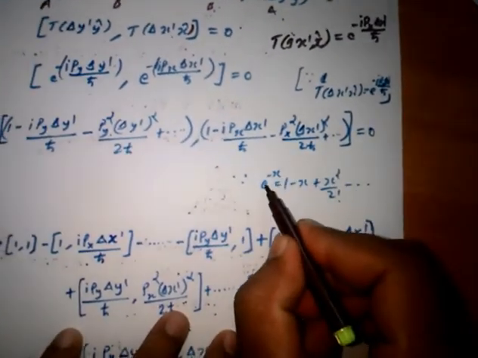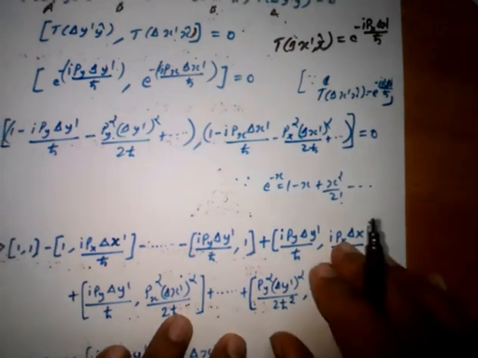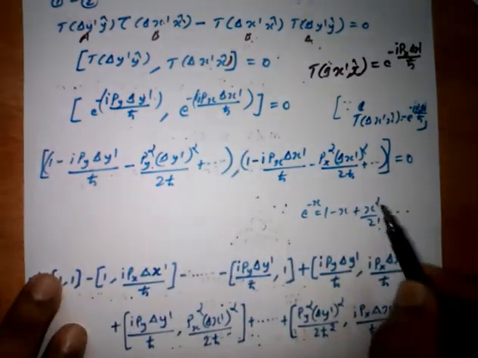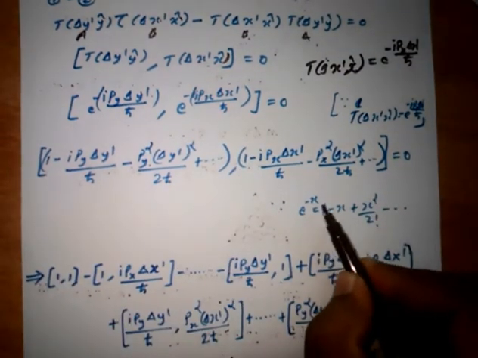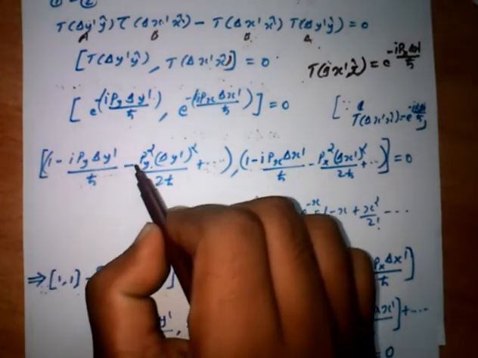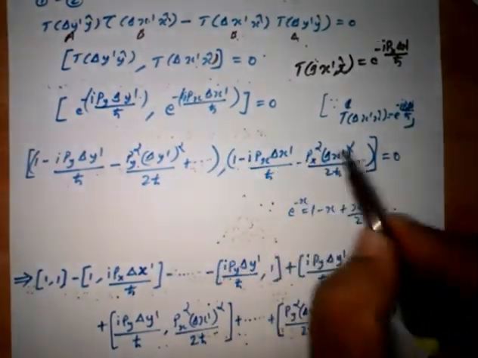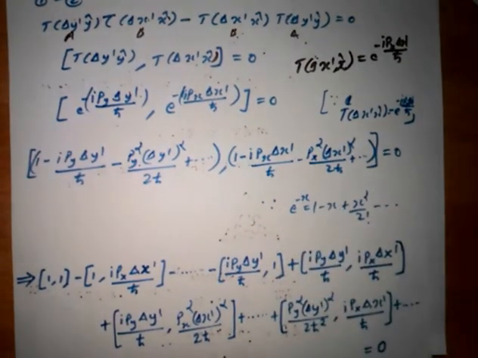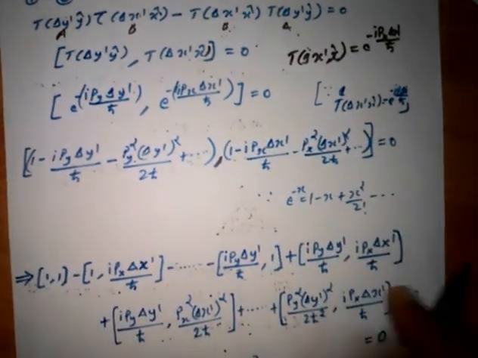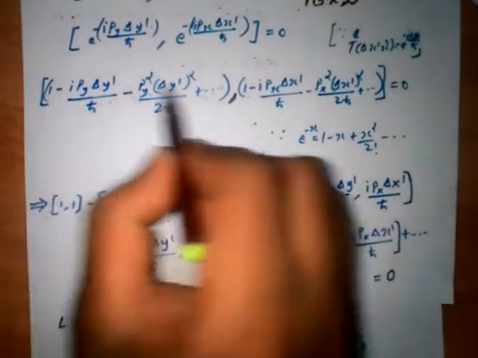So we can expand e raised to minus x equal to 1 minus x plus x squared divided by 2 factorial, etc. Each of these terms I have expanded, and I got 1 minus i py delta y dash divided by h cross, etc. And this also I have expanded: 1 minus i px delta x dash divided by h cross, etc. This is a comma because it is the commutator of this term and this term. And then we expand this term again.